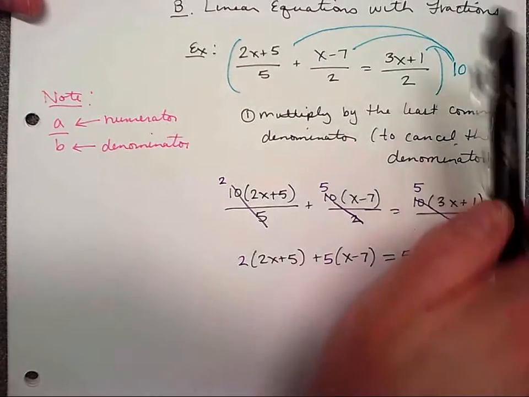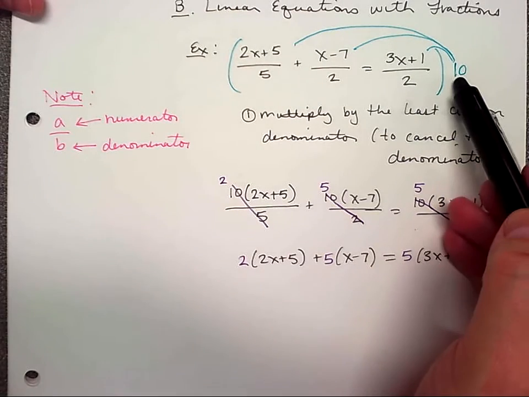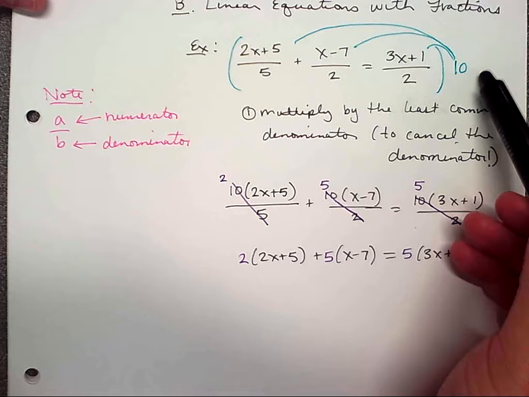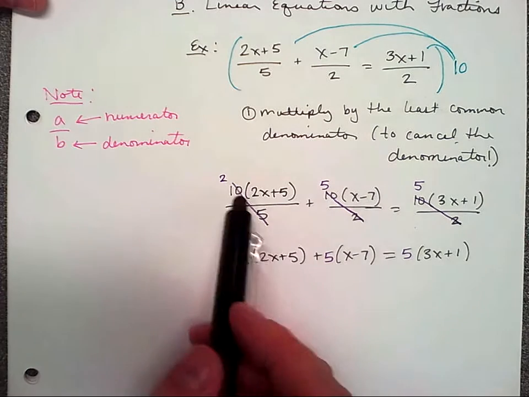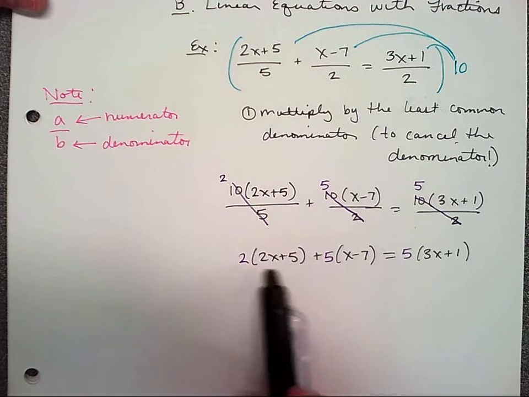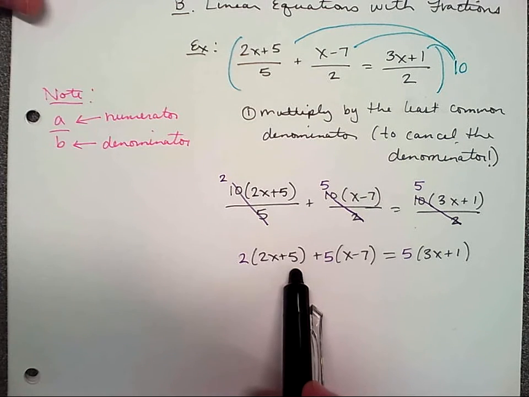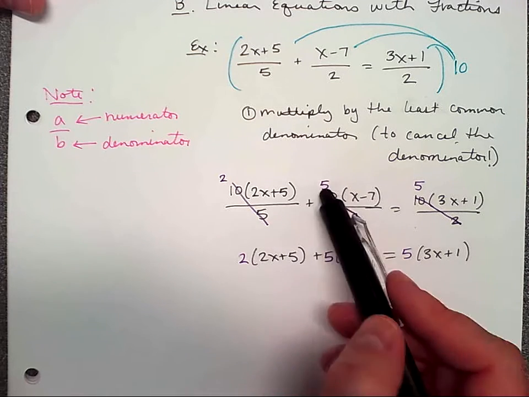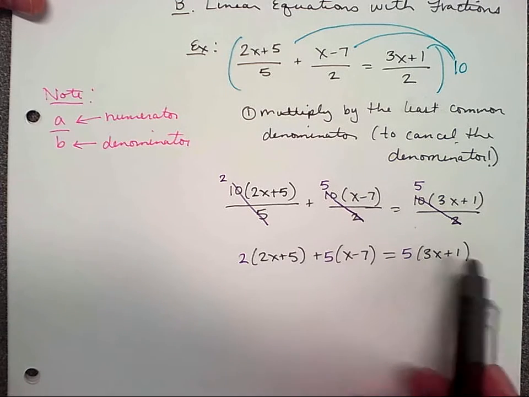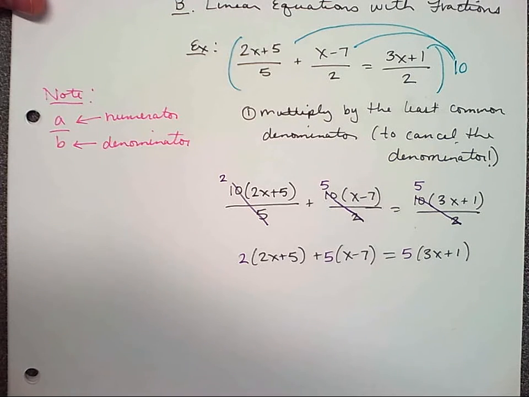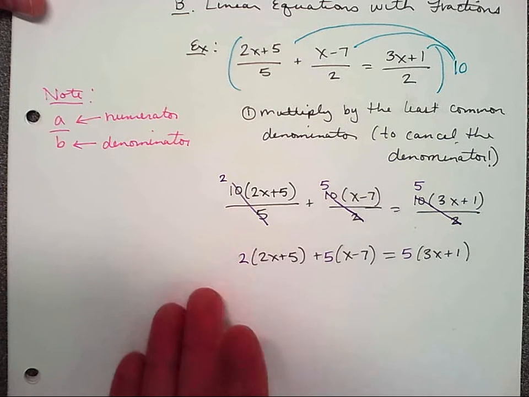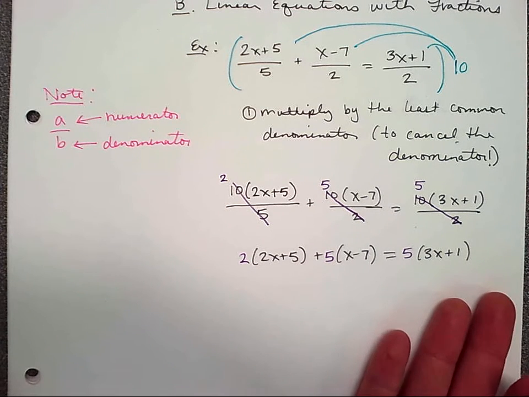So I multiplied the entire equation by 10 because I want to get rid of the denominator. When I multiply by 10, I have 10 over 5, which equals 2. Here, 10 over 2 equals 5, so I'm simplifying. Okay. So is this okay? Yeah. So now I'm back to a linear equation, and I'm back to those 3 steps that I had on the first page, right?